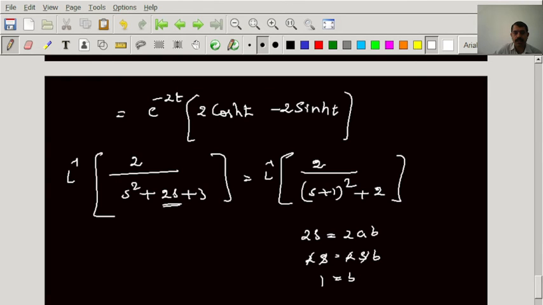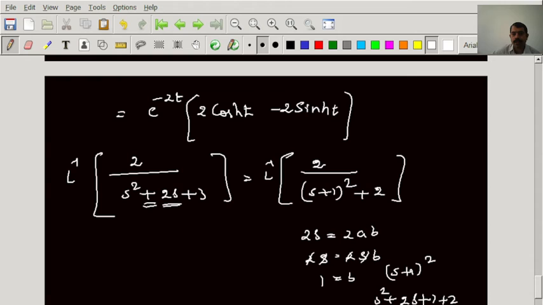Here plus is there, so we can write it as (s plus 1) whole square. If we expand this, we get s square plus 2s plus 1, but here plus 3 is there, so we must add 2 to this.